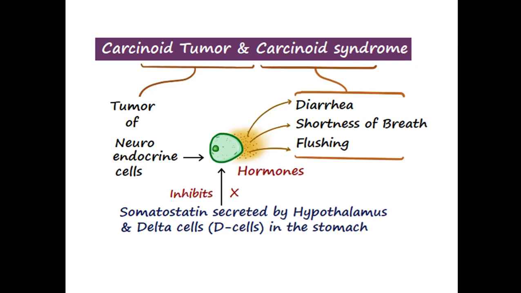It provides a control mechanism so that only the required hormones are secreted. Generally, somatostatin will inhibit the secretion of hormones not only in the neuroendocrine cells located in the stomach but also in the rest of the gastrointestinal tract.